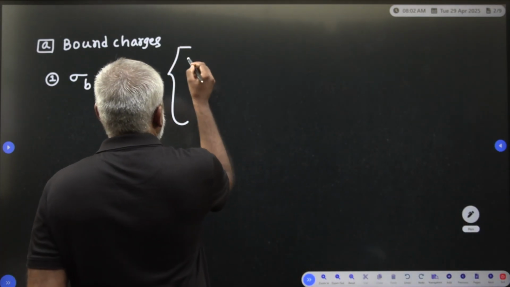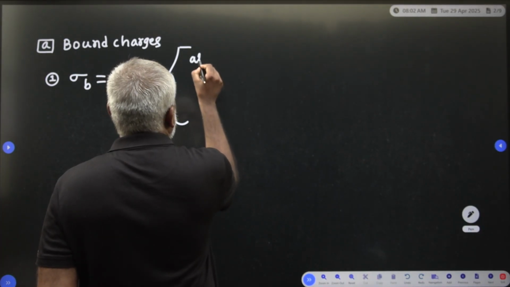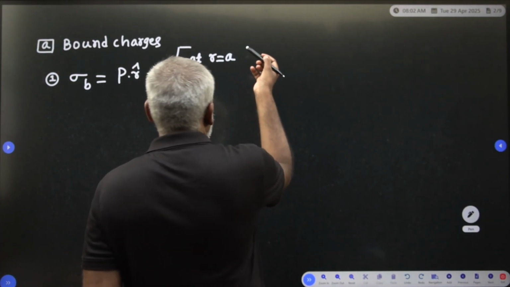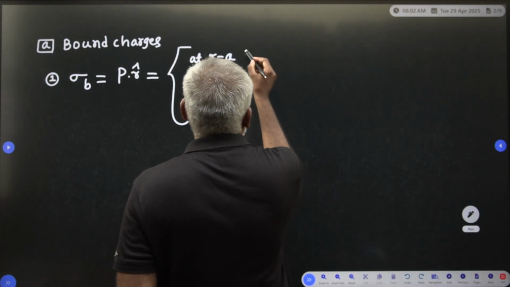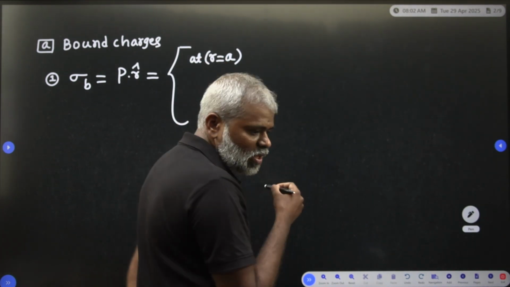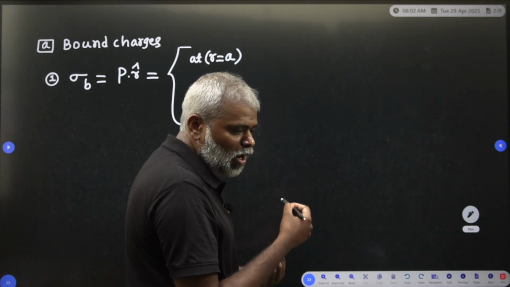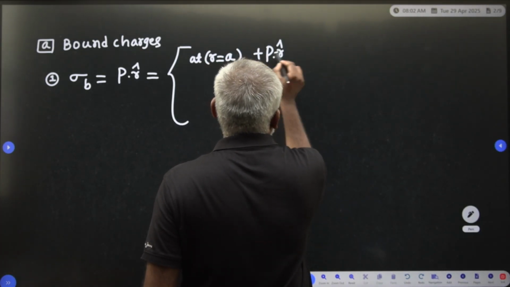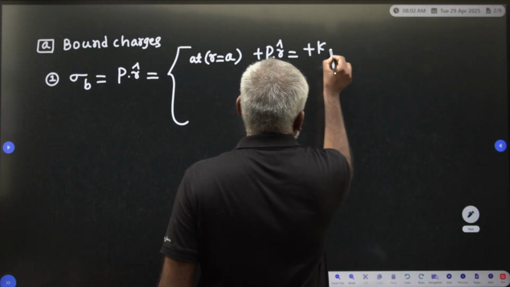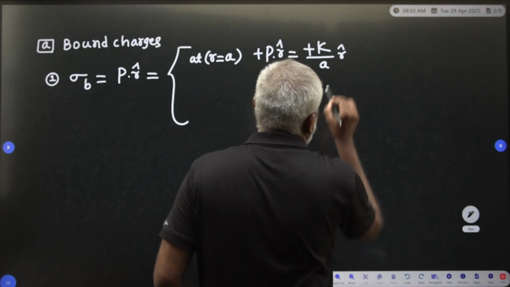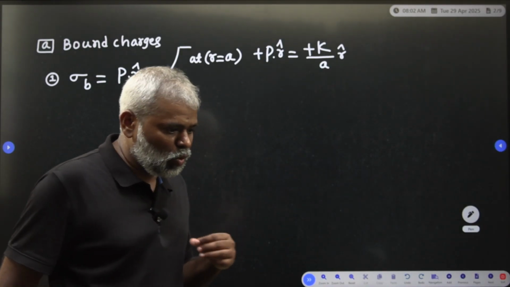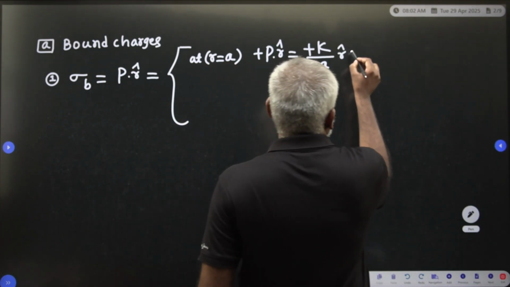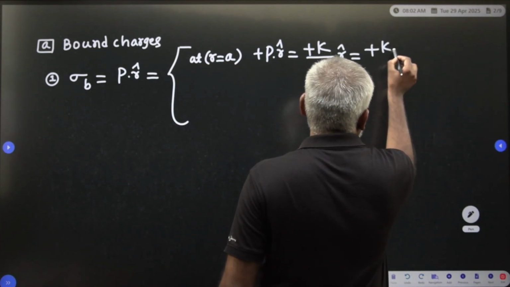Suppose you take here at r is equal to a, your sigma b will become P dot r cap, which is plus k by a into r cap dot r cap, so plus k by a.